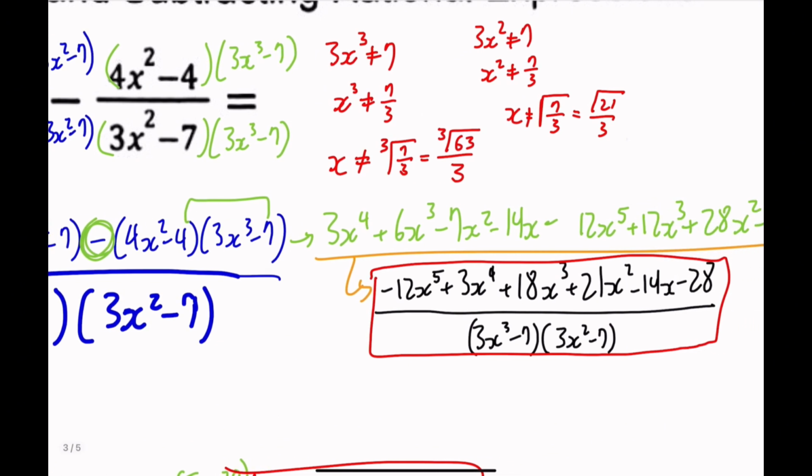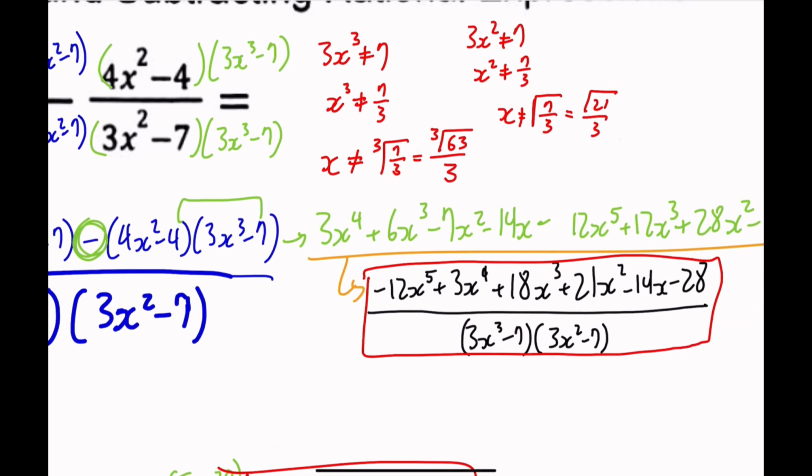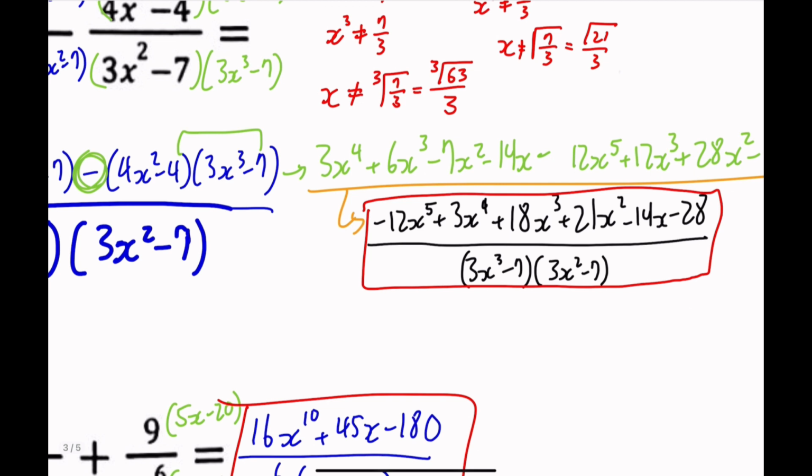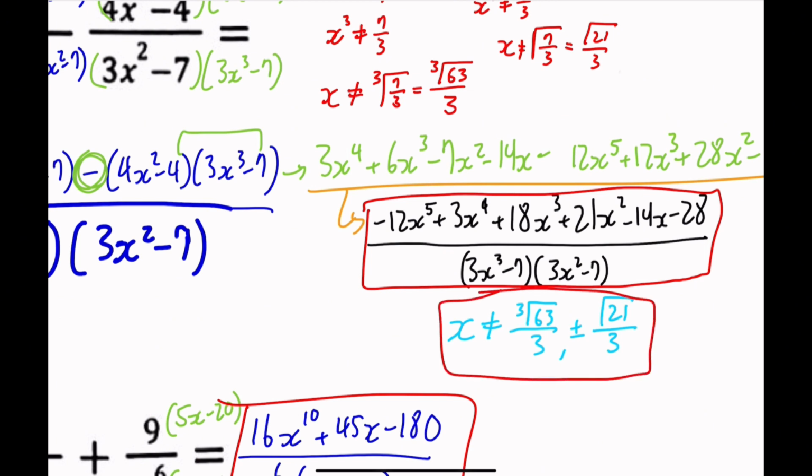And so taking this and this together, we can say that x cannot be equal to cube root of 63 over 3, and square root of 21 over 3. Oh, and then we still have to get the plus minus, right? Plus minus for the square root of 21 over 3, like that. And so this is our restriction here.